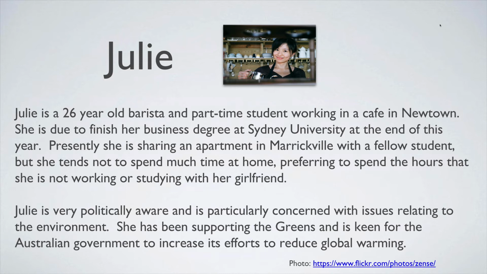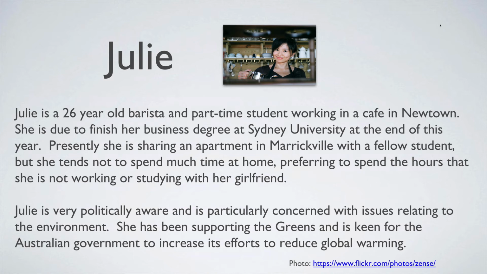There's a lot of information, and especially there's a lot of implied information about Julie based on this information. Because she's sharing an apartment in Marrickville, we can guess that she's probably not driving to Sydney University. She's probably catching the bus because that's quite convenient. We also know that she's focused on politics, so we can imagine the types of things she's going to be interested in and the things she's probably not going to be interested in.